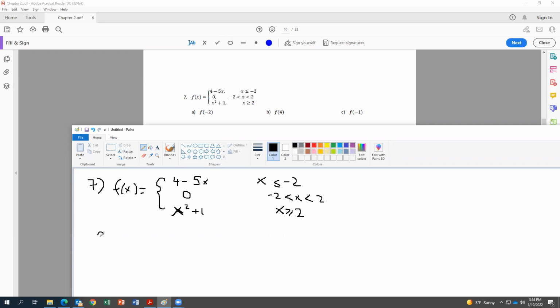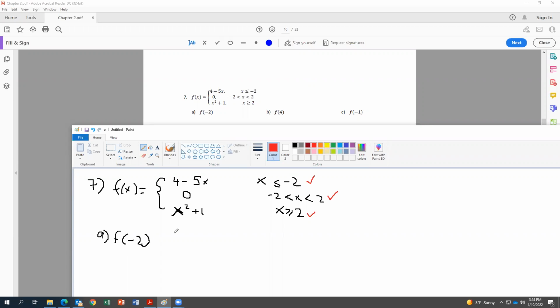So the first question here is asking us to find what is f of -2. So you have to pick, when x is -2, are we picking the first function, the second one, or the third one?